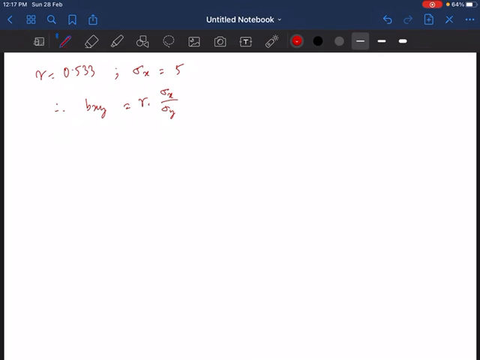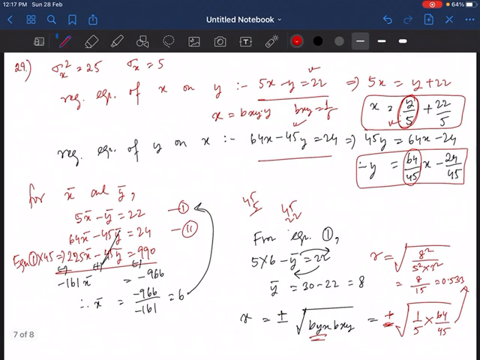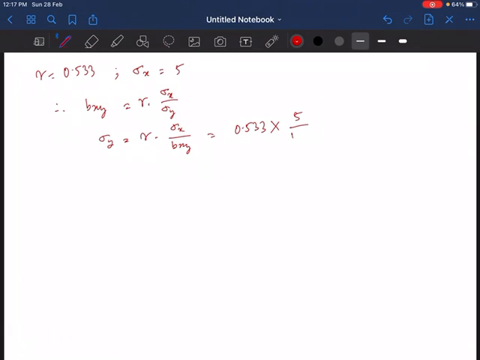So from here sigma y is equal to r into sigma x divided by bxy. The value of r is 0.533, the value of sigma x is 5, and bxy we already found out, it's 1 by 5. So we'll write 1 by 5 here.